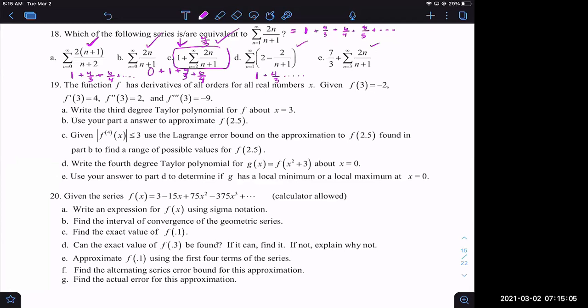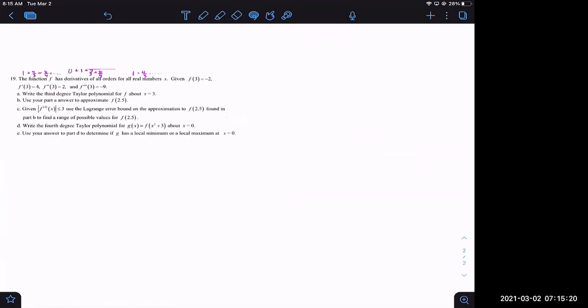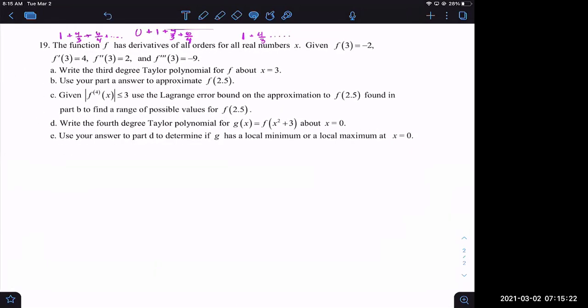So I'm going to look at on A we wrote F G. I'm going to write out what we got on the previous part. Okay, so use your answer from part D. From part D, we were supposed to write a 4th degree Taylor polynomial for G of x.